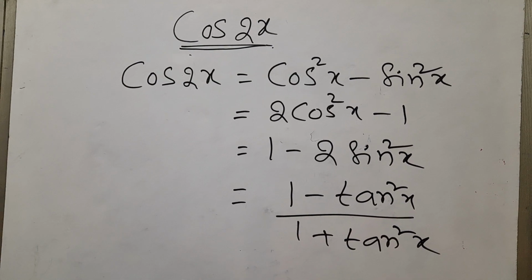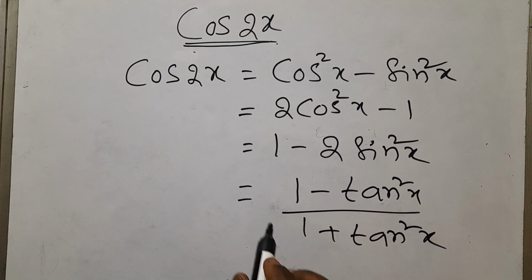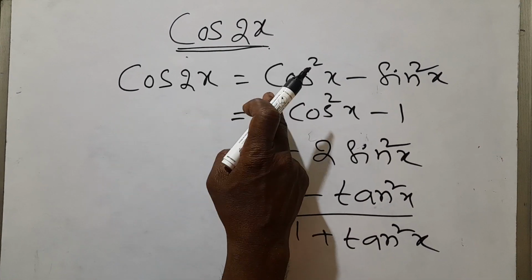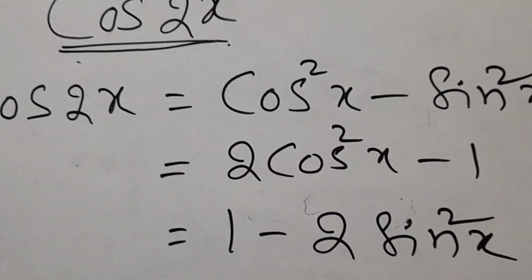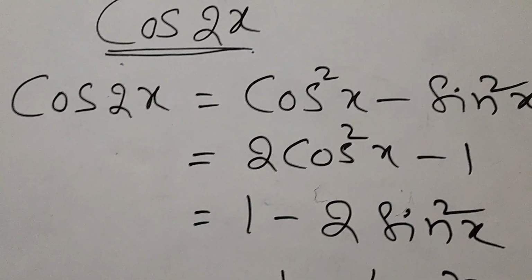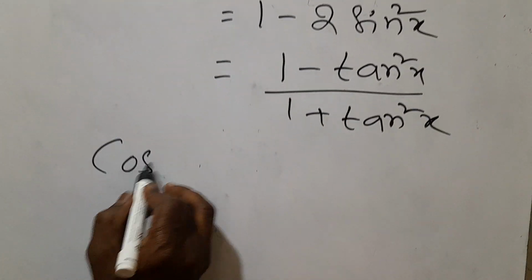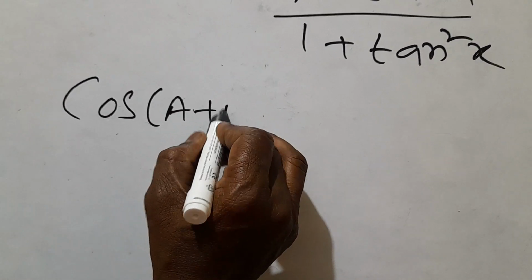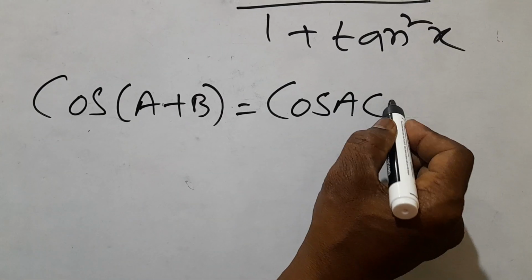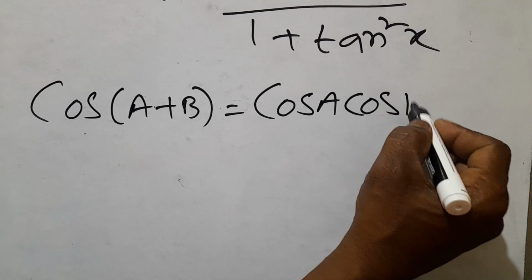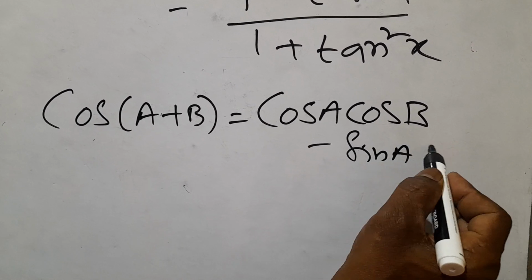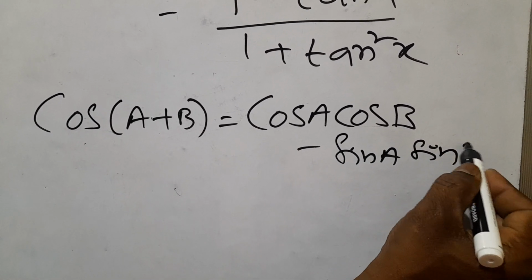First we will discuss how the basic formula, cos2x is equal to cos square x minus sin square x, we are getting. Let us see. We know cos of (a plus b) is equal to cos a cos b minus sin a sin b.